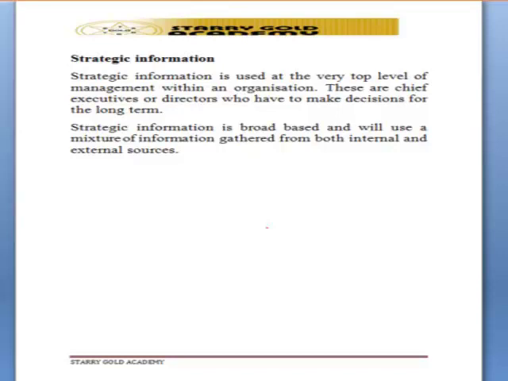The strategic level. Strategic information is used at the very top level of management within an organization.